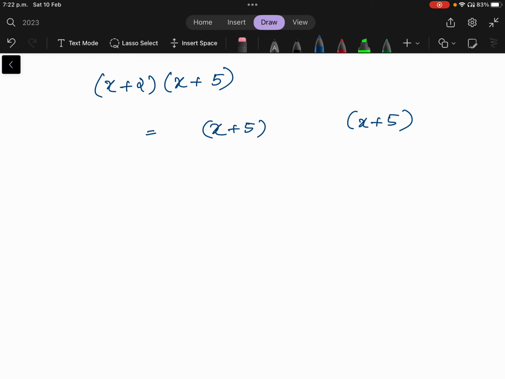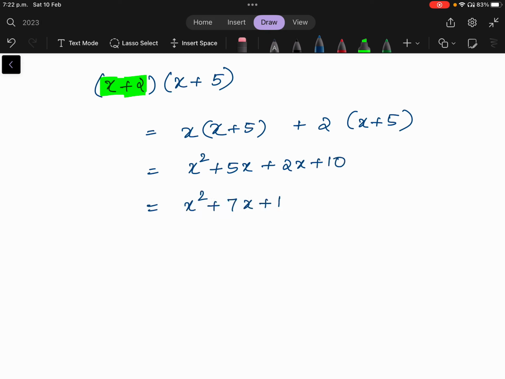Okay, and then take the first term, write it here, then take the second term including the sign, that is plus 2, write it here, and then simplify. So it is x square plus 5x plus 2x plus 10, that's equal to x square plus 7x plus 10. This is the first method.